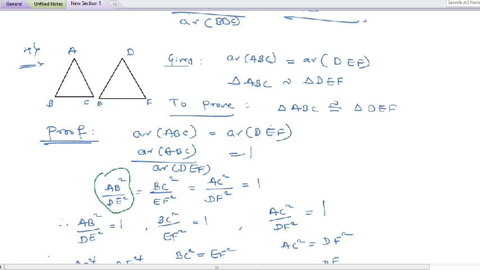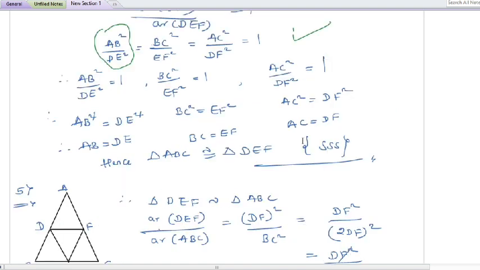I have written this. Now, by cross multiplication, we can write AB square is equal to DE square, BC square is equal to EF square, AC square is equal to DF square.